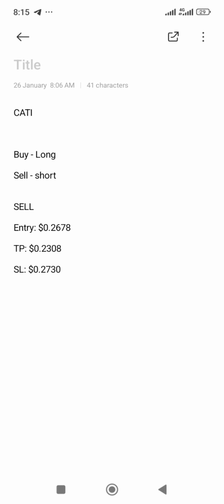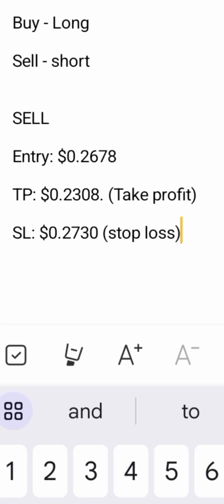It says TP. When you hear TP, it is take profit. When you hear SL, it means stop loss. Now, TP means take profit. It means if our entry is $0.2678, when the trade goes to $0.2308, please take profit.